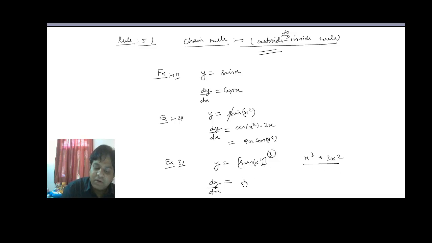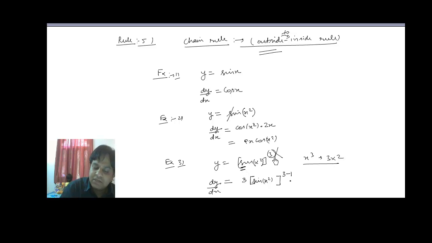Similarly, this bracket cube will get differentiated as 3 big bracket to the power 3 minus 1, that is 3 bracket square, and I'll write the things as it is within the bracket. So I have solved this power 3. Now I'll multiply in the second step, which is to differentiate this sine.